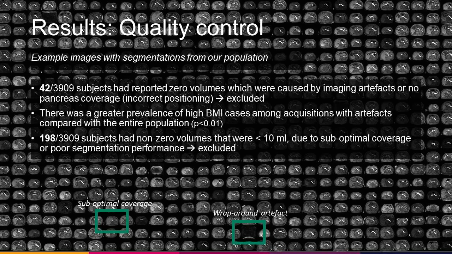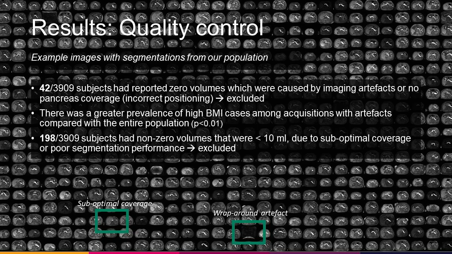We predicted segmentations on a total of 3,909 subjects. With regards to quality control, we saw that 42 of those subjects had 0 volume reported, which was caused by imaging artifacts, with wraparound being the most common, or no pancreas coverage due to incorrect positioning.